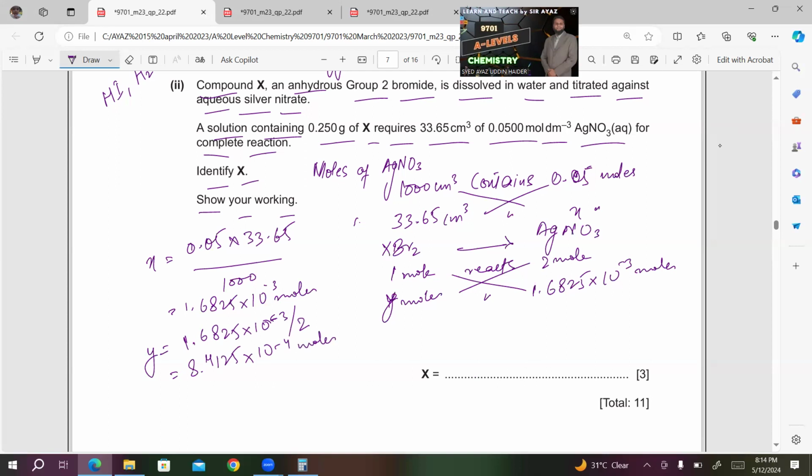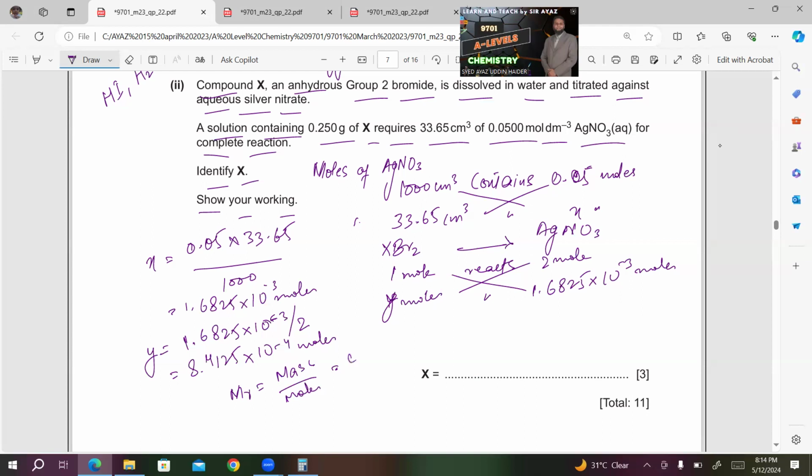Now we know that Mr is equal to mass divided by moles. So we have the mass, we have the moles. So what you will do?